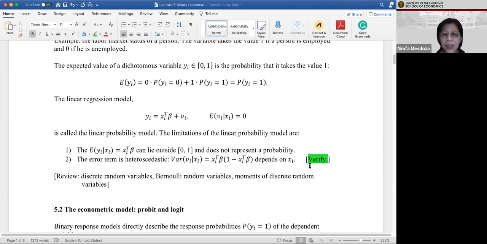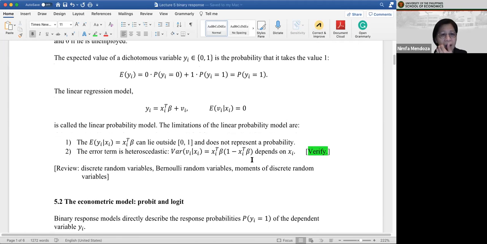The limitations of the linear probability model are as follows. The conditional expectation of y sub i given x sub i is equal to x sub i transpose beta. Given x sub i is fixed, beta is also fixed, so you have x sub i transpose beta plus the expected value of v sub i given x sub i, but that is 0.